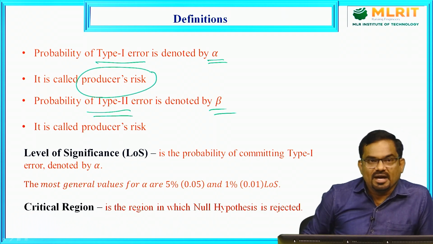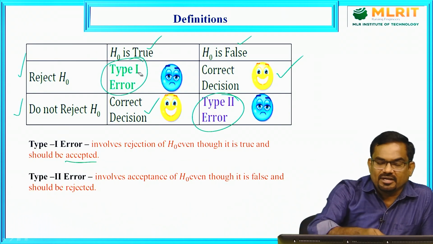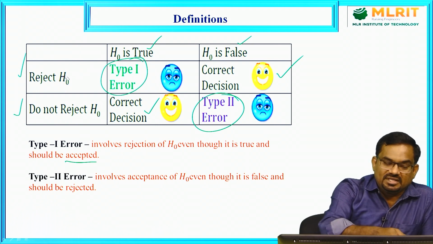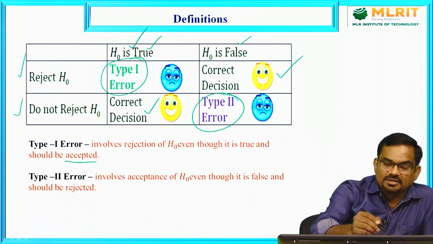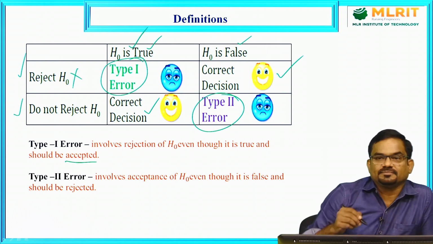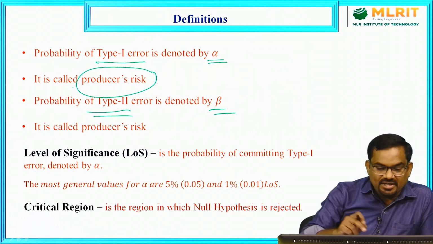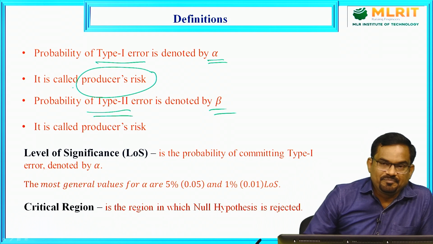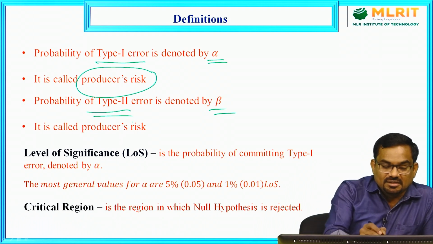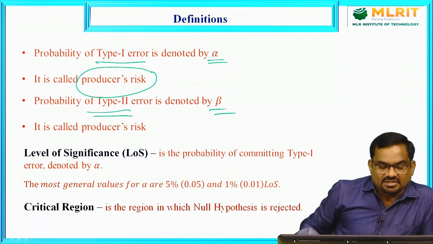Once again we will go back. You see, type 1 error exists when we reject H naught even though it is true. That means the product is good, but we are rejecting it. So type 1 error is called producer's risk or manufacturer's risk. And type 2 error is called consumer's risk.